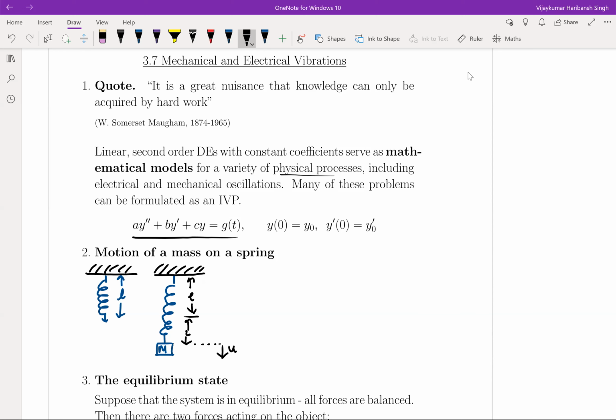So the spring is moving up and down because of the mass M. So let me write down, let L be the initial length of the spring, M be the mass of the object attached to the spring.